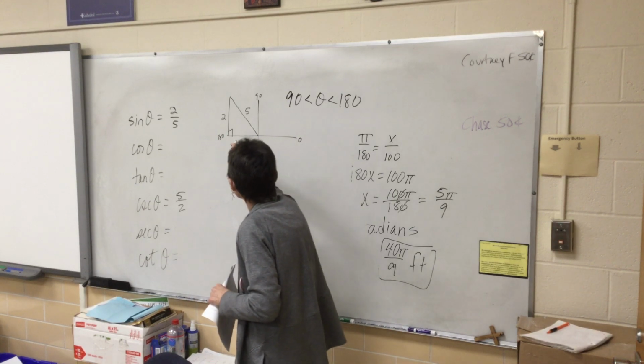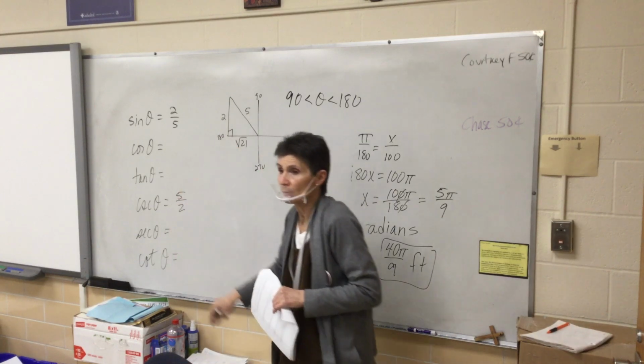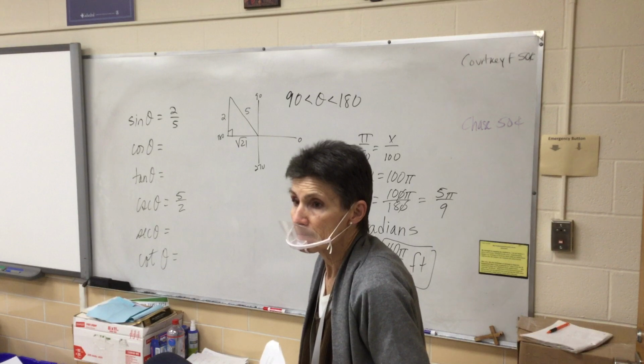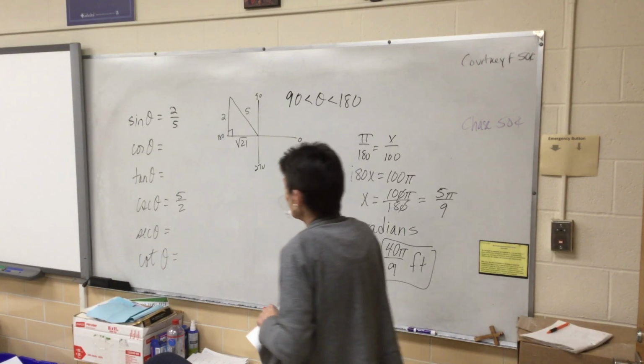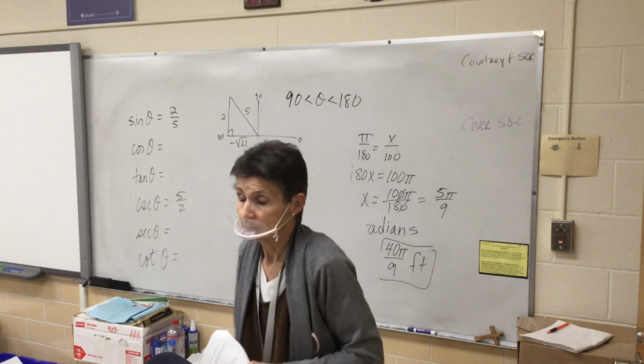Square root of 21, because basically it's 25 minus 4, right? And it would be negative because it's in quadrant 2.